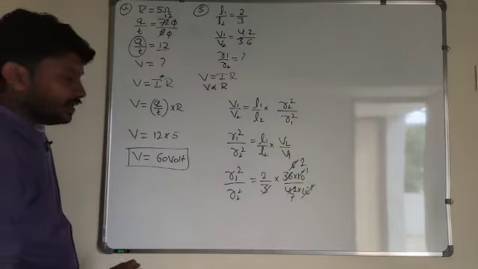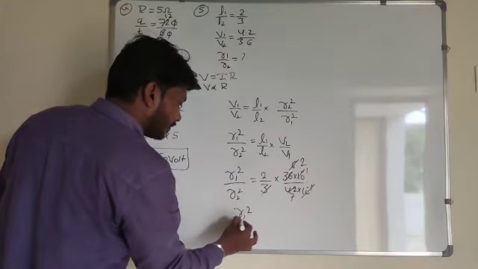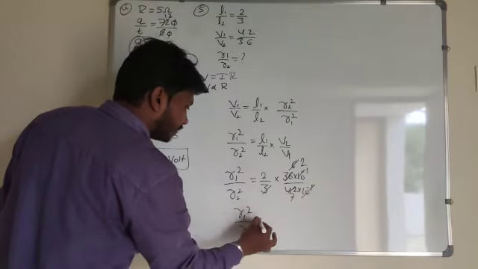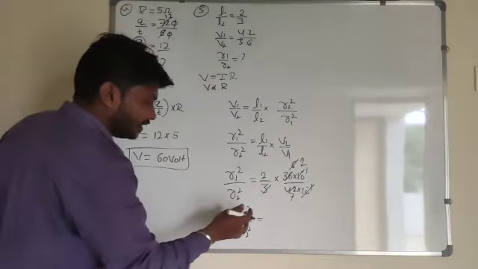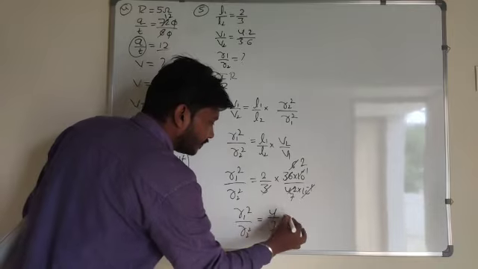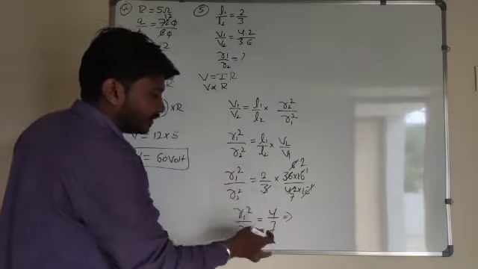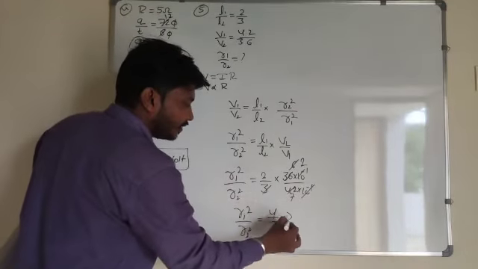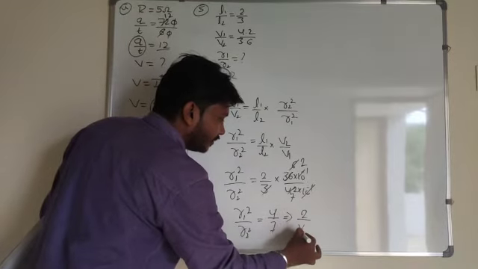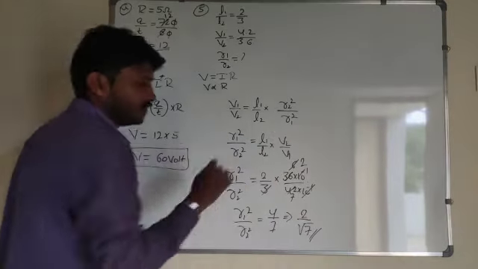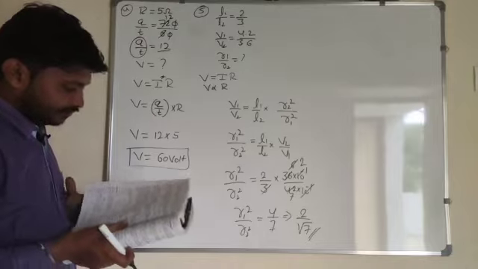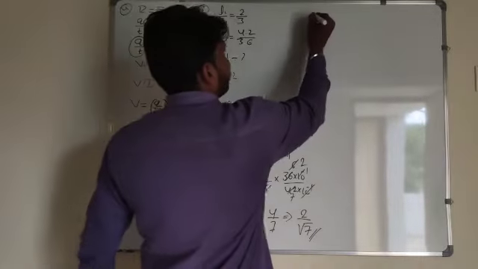Okay. 4 by 7 here. So R1 square divided by R2 square is 4 by 7. Finally, square root means square root of 4 by 7. So square root of 4 means 2 divided by root 7 here. So this is the answer. So we'll look at the next one.